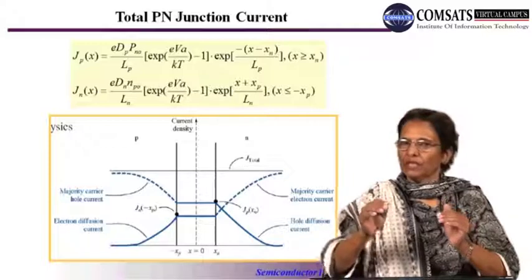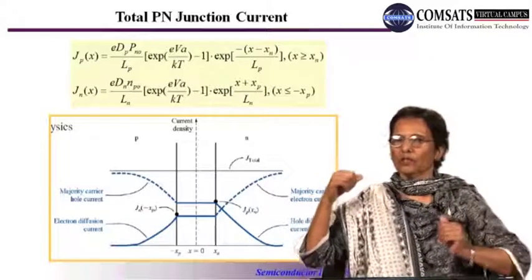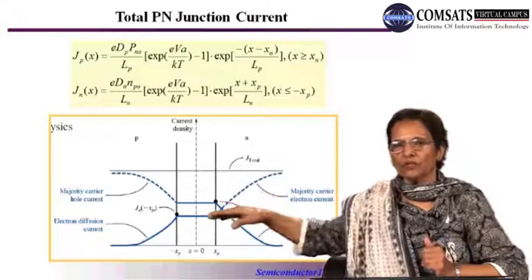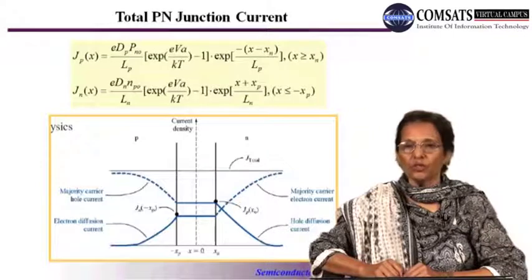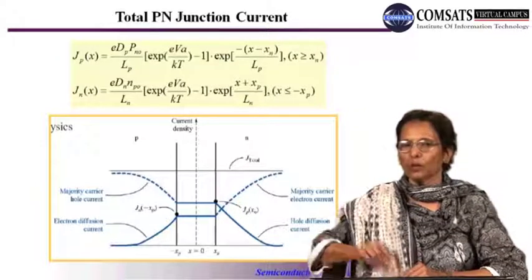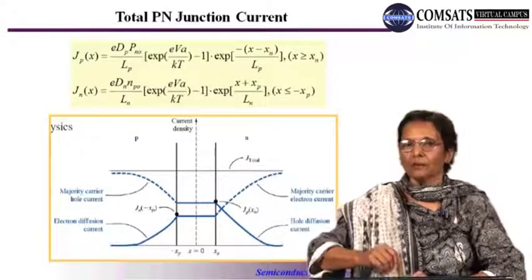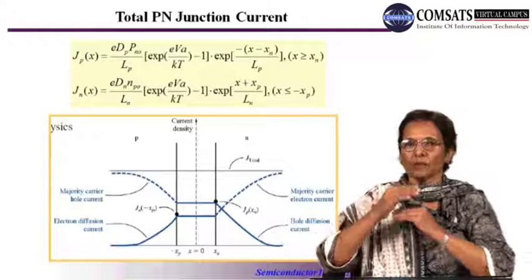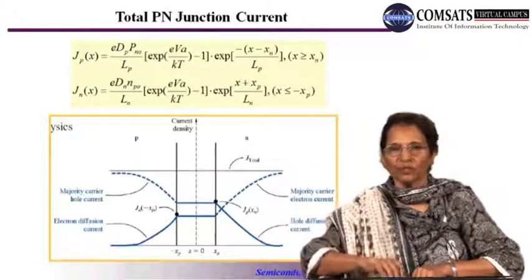So please appreciate that the total current density, as you move along from N to P side of the junction, remains constant. Although the majority carrier component and minority carrier component on both N and P side are different, yet their magnitudes are such that they compensate each other and the total current in the device remains constant.